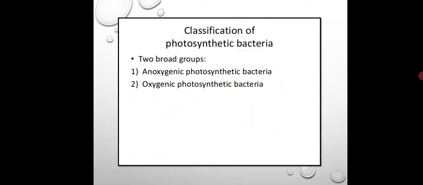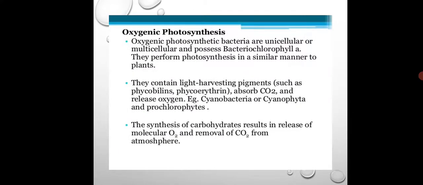So yes, classification of photosynthetic bacteria into two groups: anoxygenic photosynthetic bacteria and oxygenic photosynthetic bacteria. Now in this lecture we will focus on our first category, that is oxygenic photosynthetic bacteria. As the name indicates, there is involvement of oxygen.